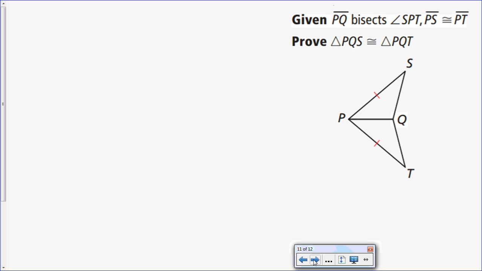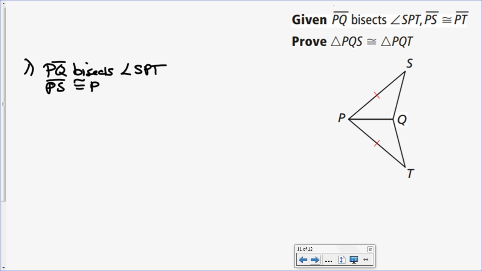All right, one more example of triangle congruence. Okay?